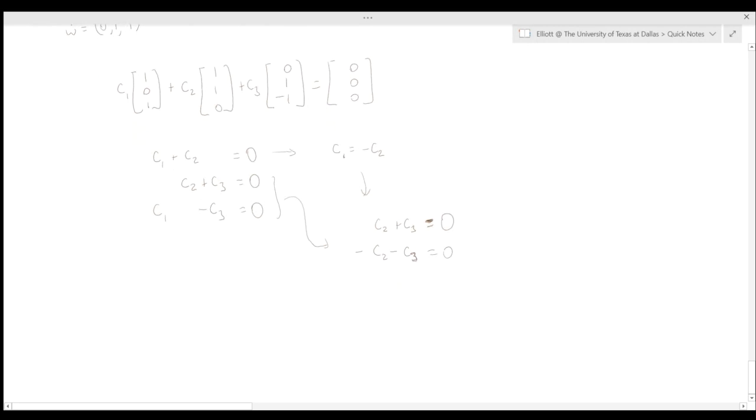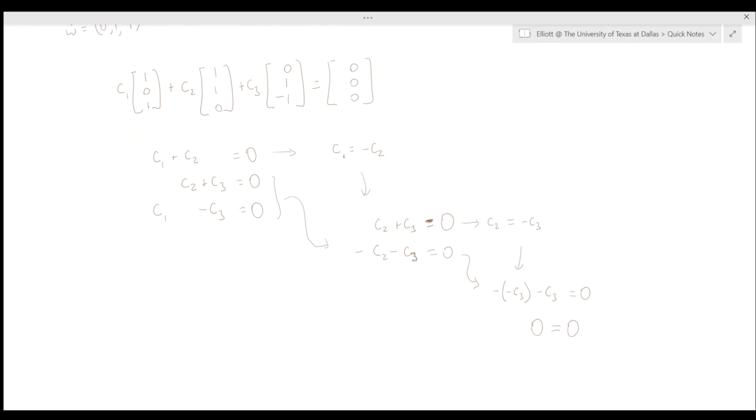Next, if I solve for C2 and plug it into my last equation, I get negative C3 minus C3 is 0. This is plus C3 minus C3. So here we get something that might look unusual: 0 equals 0.